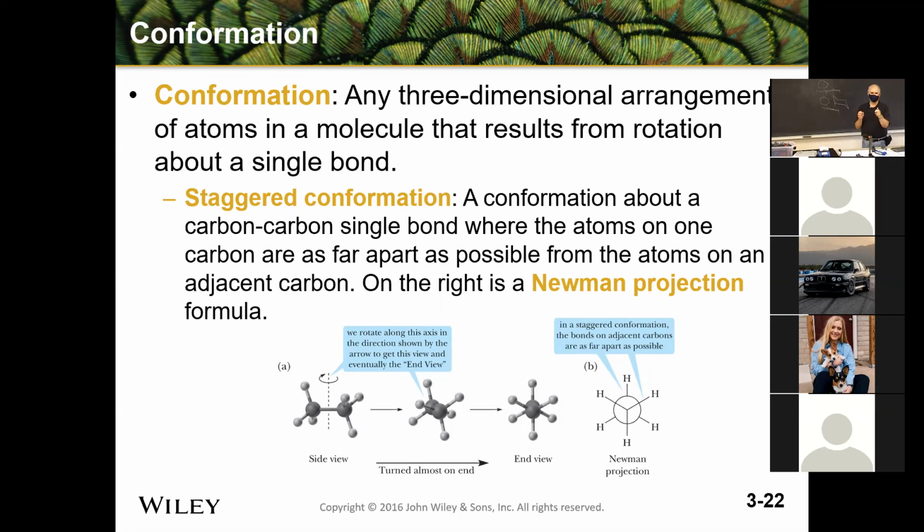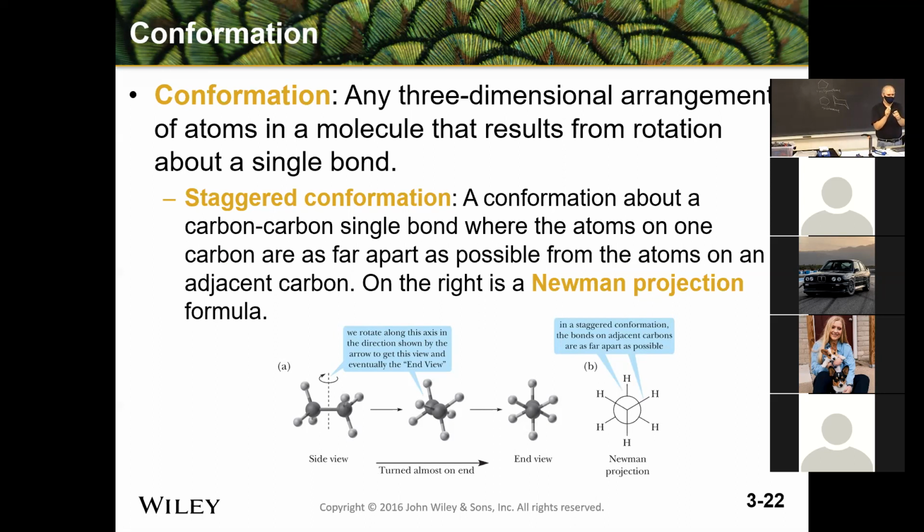The energy differences between staggered and eclipsed are so small that you can't isolate a particular conformation at room temperature. You have continuous free rotation taking place. This is the Newman projection. We sight along this carbon-carbon bond.